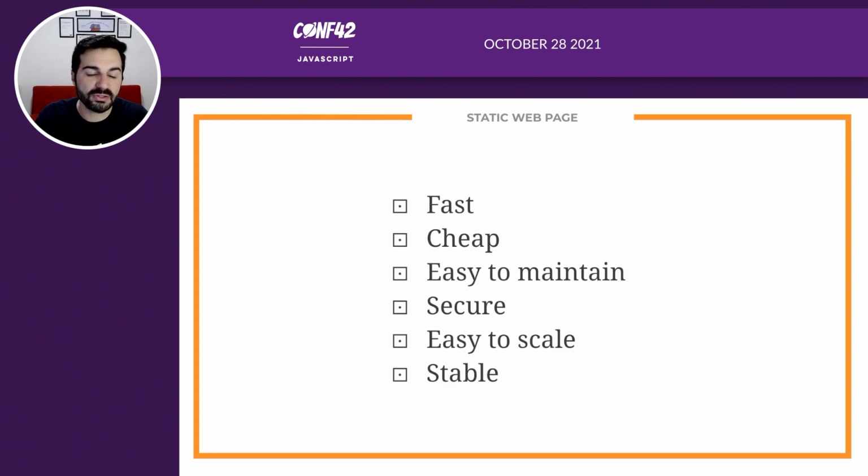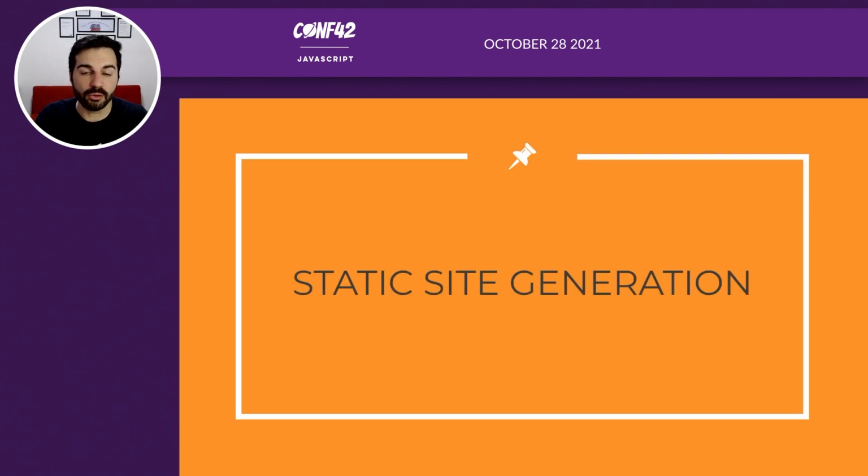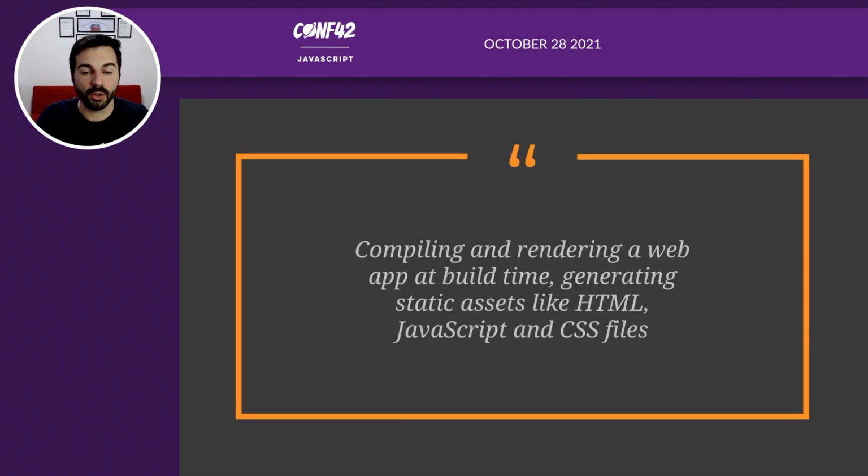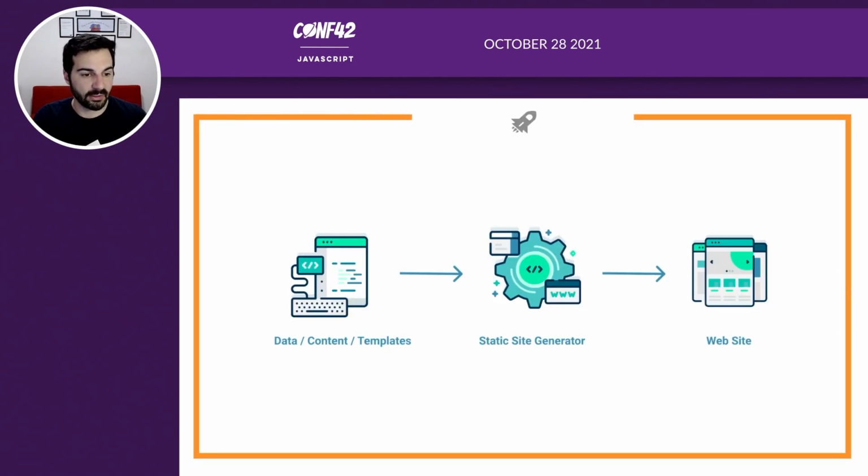So having all these benefits in mind, a new concept was created, the concept of static site generation, which is compiling and rendering a web application at build time, generating static assets like HTML, JavaScript, and CSS files. So we will have a project with a templating engine. Depending on the programming language that we want to use, we can have different templates.